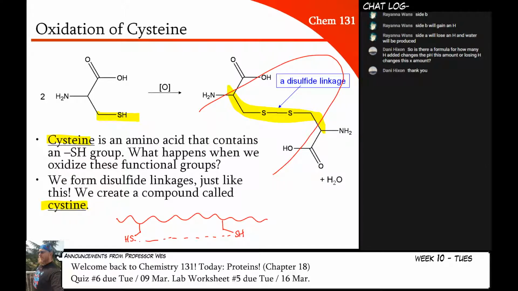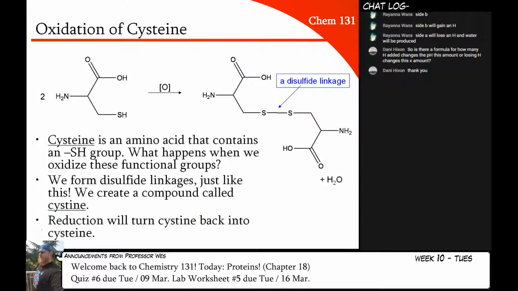And so the purpose of these cysteine links is that they allow the protein to be bent into a particular shape. And again, shape is going to be very important later. Now, if I reduce my cysteine by adding hydrogen, for example, I can undo the disulfide linkage.